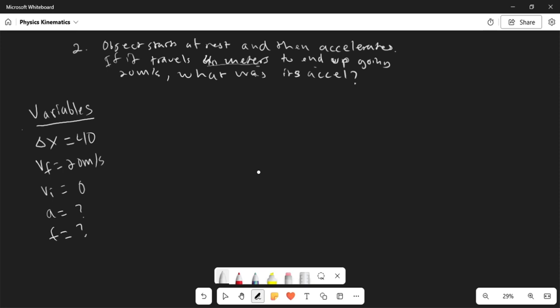Okay, so what kinematic equation may we want to use to solve for acceleration, but we don't have time? What equation would we use to solve for acceleration without needing time? Well, we would use this equation.